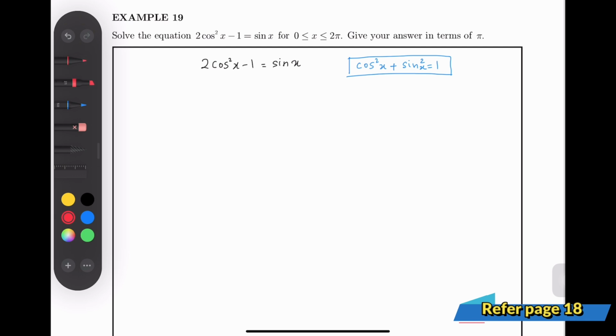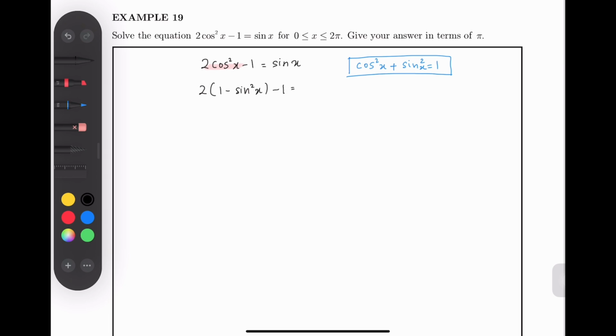So we have to replace cos square x, substituting with 1 minus sine square x, followed by negative 1 equals sine x.